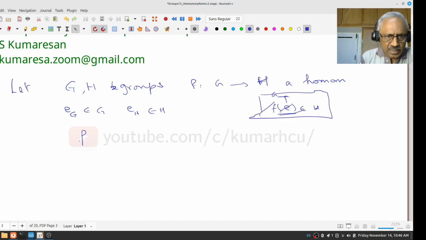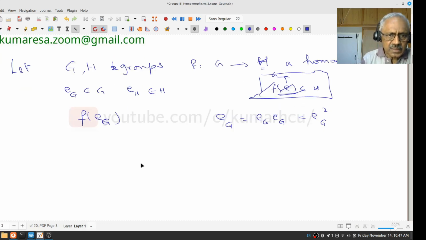So I can ask, what is f of e_G? We had already seen in the earlier examples, it's actually the identity element of the codomain. Let us just check it. One of the defining properties: e_G equals e_G dot e_G, that is e_G squared.